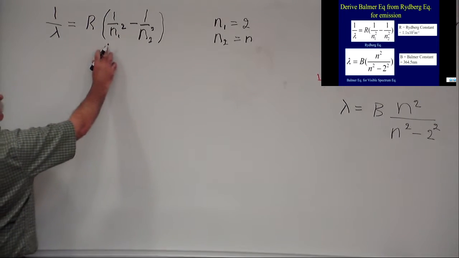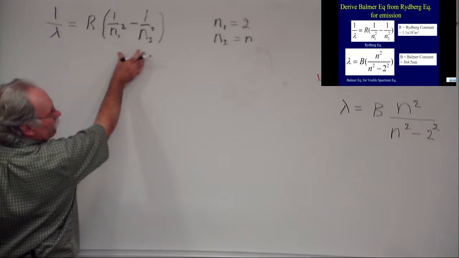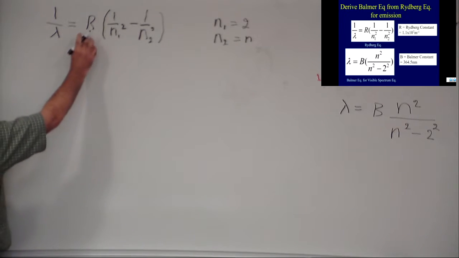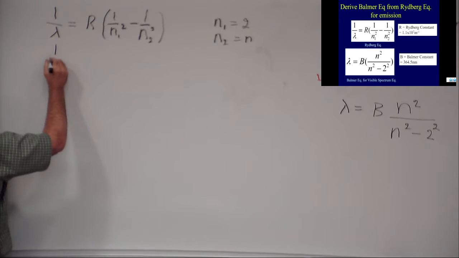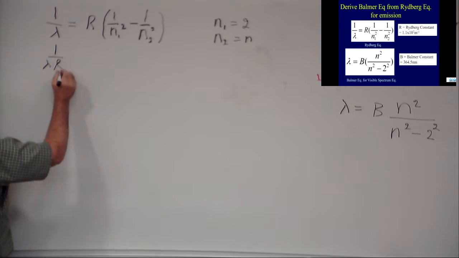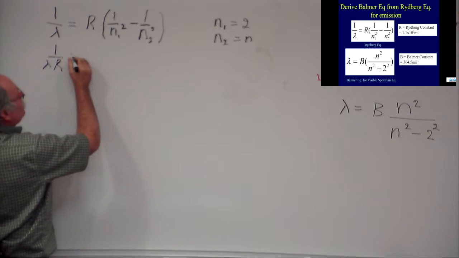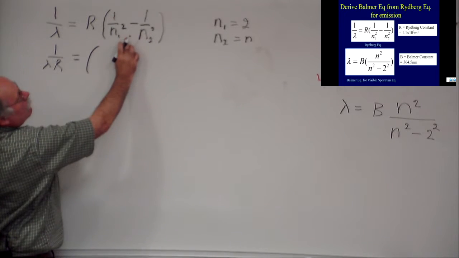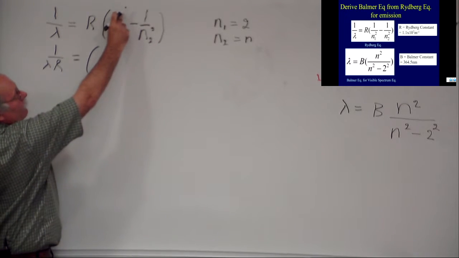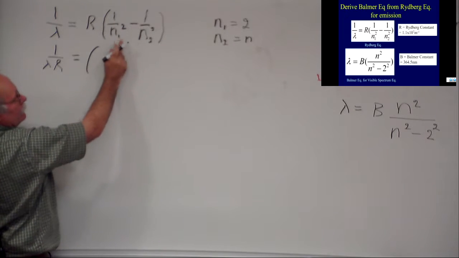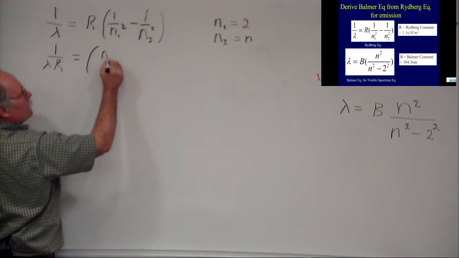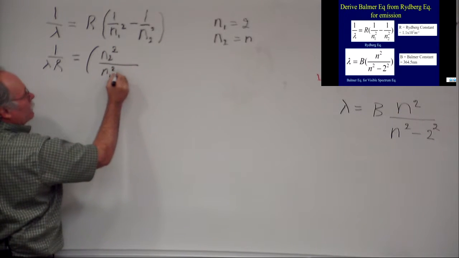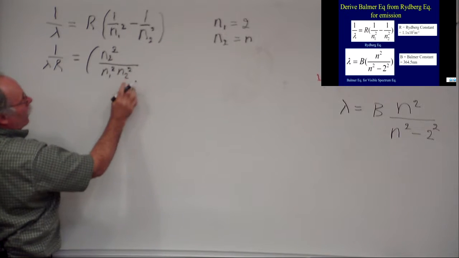So the first thing we want to do, since we're going to solve for lambda, is put these under a common denominator. So I'm just going to write over here 1 over lambda, and I'm going to put the R over here for now, we'll bring it back, is equal to, now, I want to put these under a common denominator. So if I multiply the first term by n2 squared over n2 squared, I get an n2 squared on the numerator and an n1 squared n2 squared on the denominator.